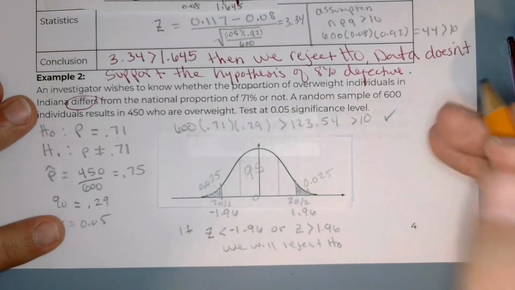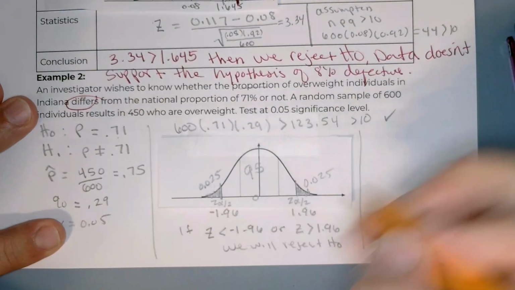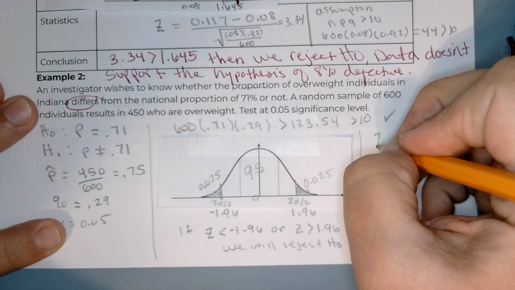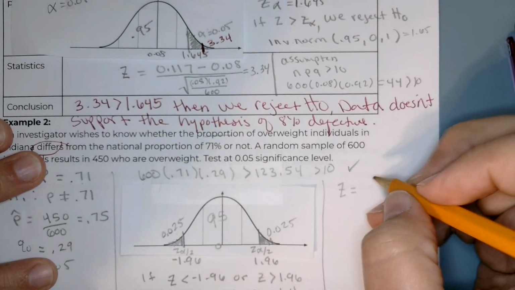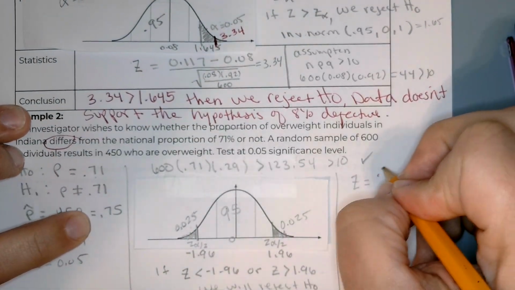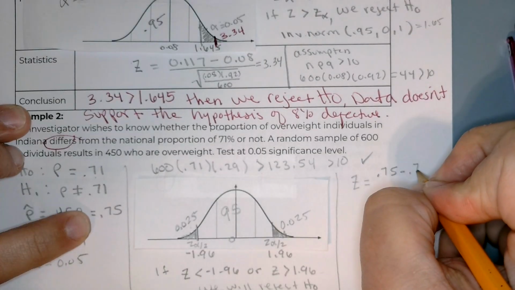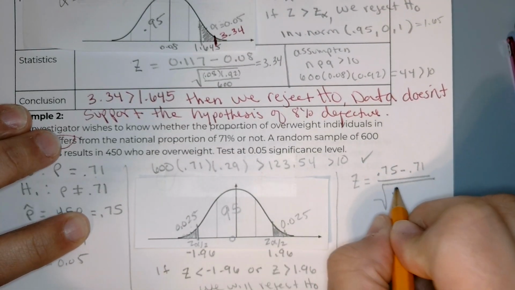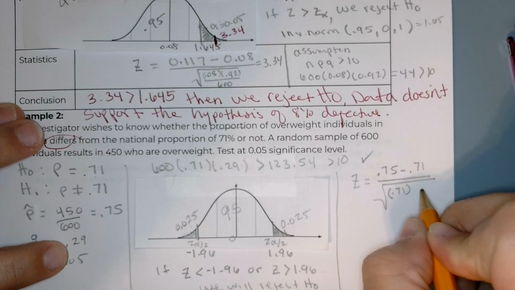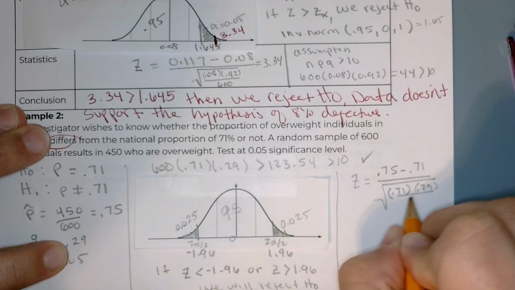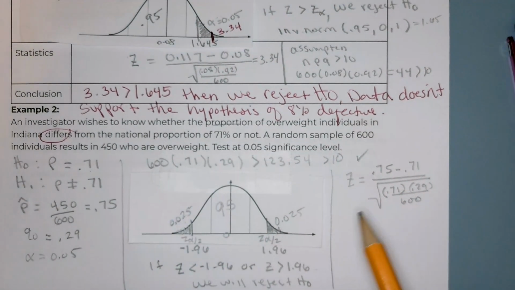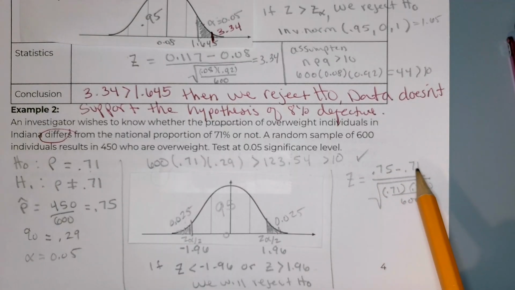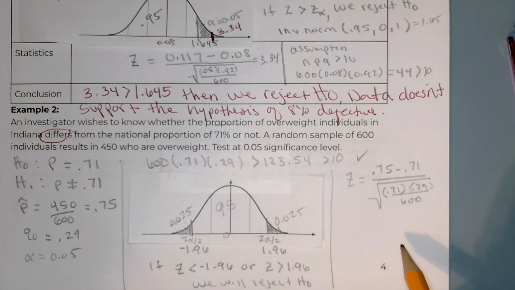So our test this time, we're going to have Z equals, what is our proportion? 0.75 minus 0.71, divided by the square root of 0.71 times 0.29 divided by 600. Okay, so that's the difference in ours and theirs divided by the deviation.